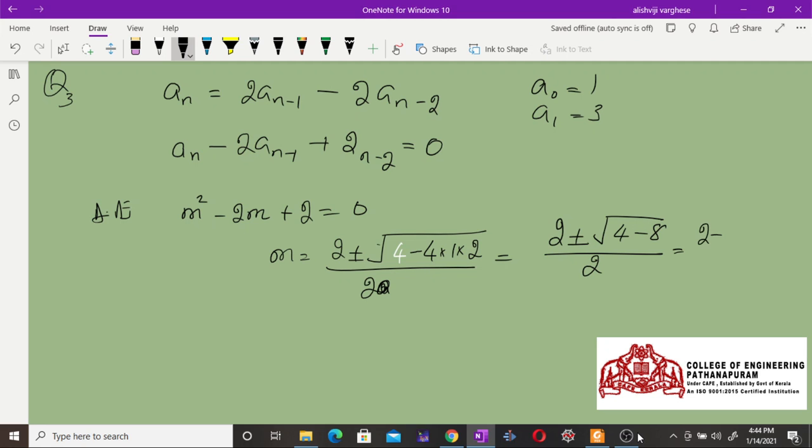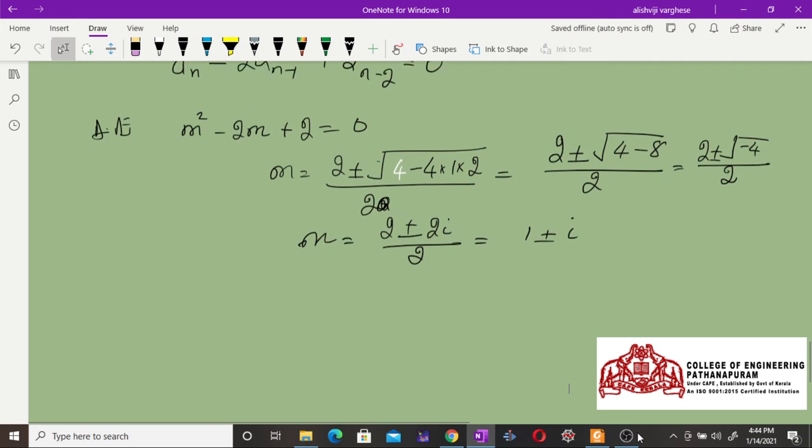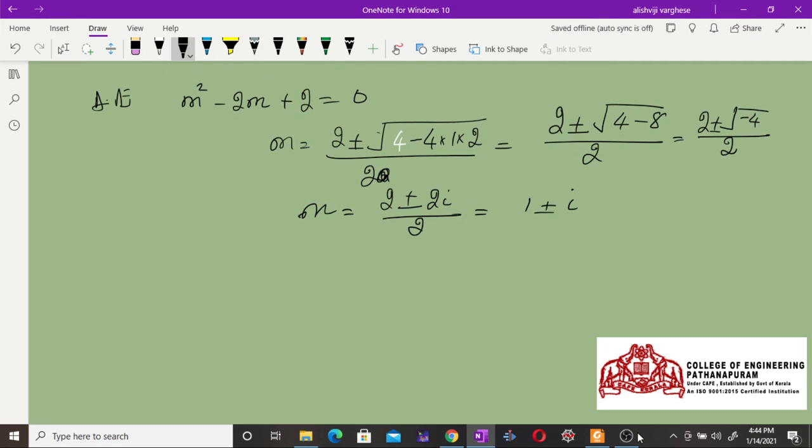That is 2 plus or minus root of minus 4, divided by 2, that gives m is equal to 2 plus or minus 2i divided by 2, that is 1 plus or minus i. So the roots of the auxiliary equation are m1 is equal to 1 plus i and m2 is equal to 1 minus i.